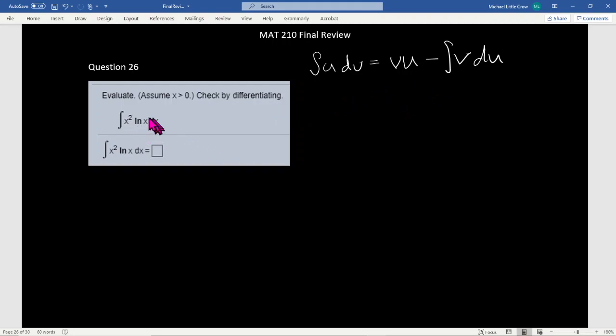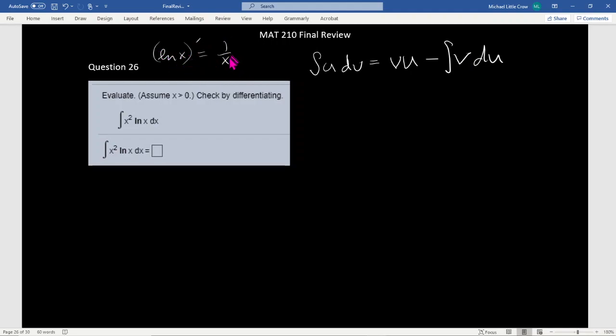However, natural log of x, there's no easy way to integrate it. In fact, they use integration by parts to integrate natural log of x. But remember, natural log of x, when you take its derivative, you get 1 over x. So at least the natural log part is done.